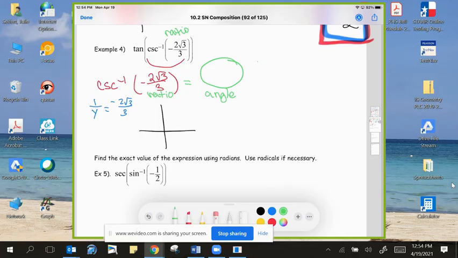What quadrants can cosecant inverse fall in? It is 1 and 4. And we've got a negative situation here, so we will be in quadrant 4. So we will draw that triangle in quadrant 4.